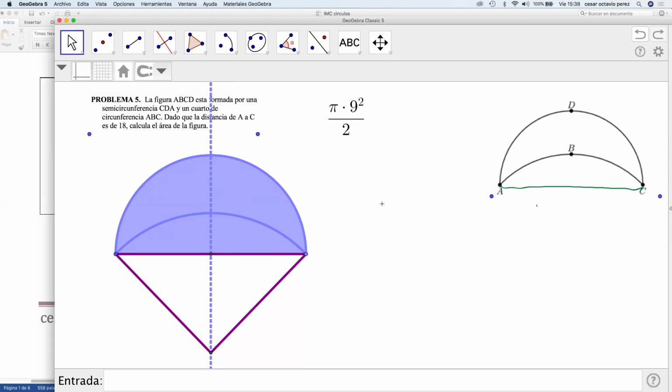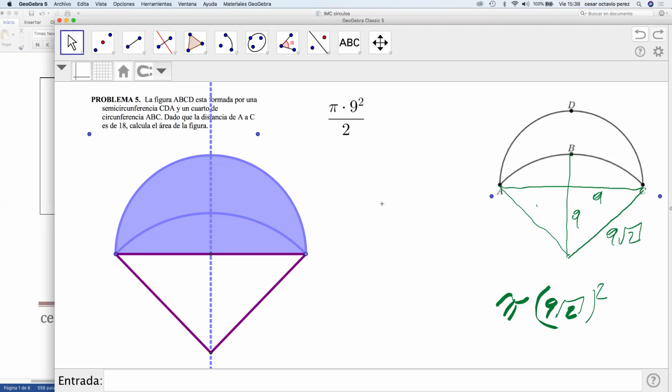So this is 9, this is also 9. Sí. And this is 9, the square root of 2. So it's pi times 9 squared divided by 4. Yes. Minus 9 squared. Okay. That's right.